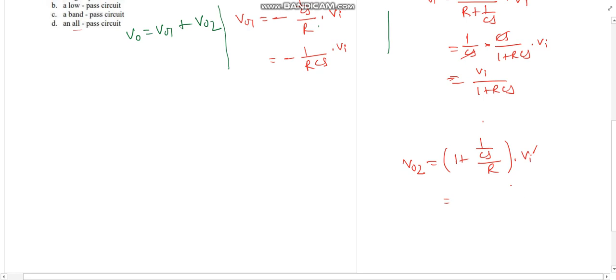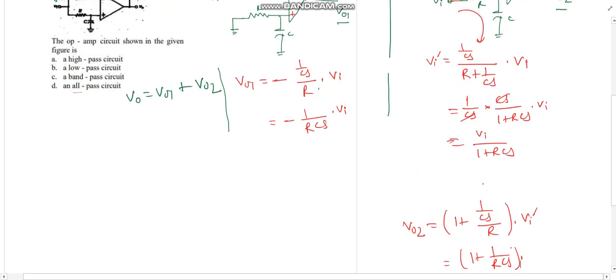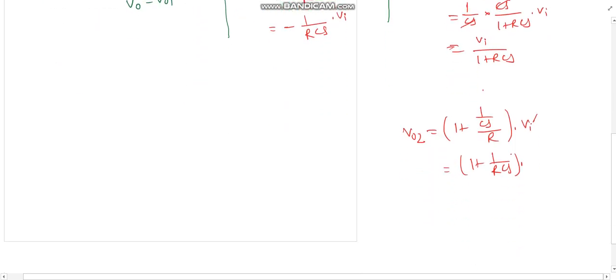So it will be 1 plus 1 by RCs into Vi dash, and the Vi dash value is Vi divided by 1 plus RCs.